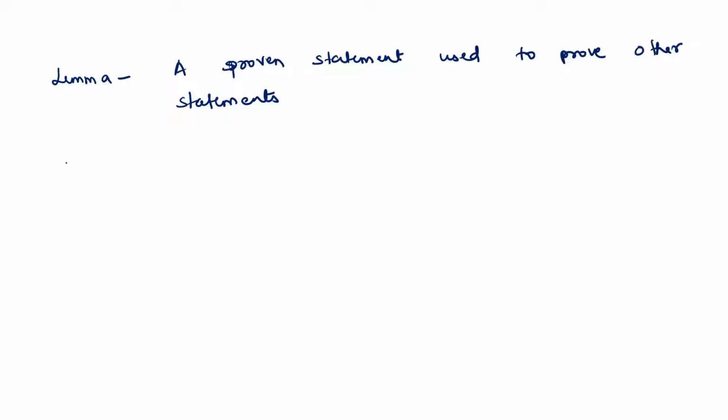Now, Euclid's division lemma. We know Euclid's division. What is Euclid's division lemma? It tells that for any two positive integers, the statement goes like this. Copy this statement.